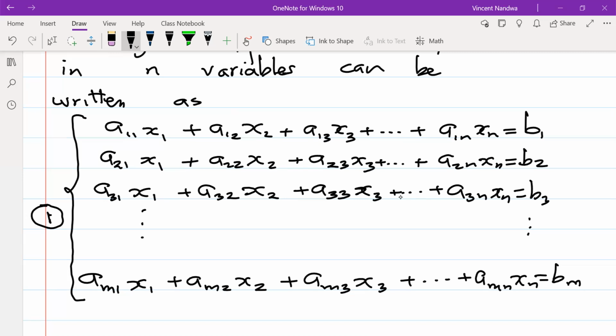So we can rewrite 1 in matrix form such that the coefficients aij's occupy one matrix, and then the variables x1, x2 up to xn define another matrix, and the constants b1, b2 up to bm occupy another matrix.